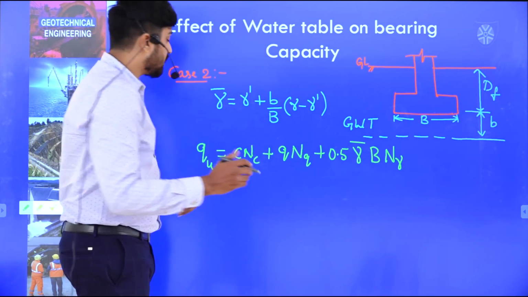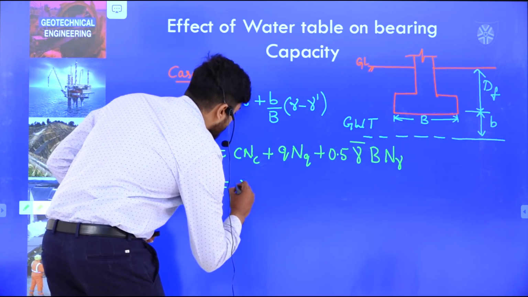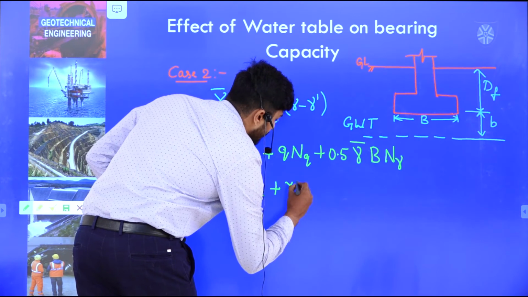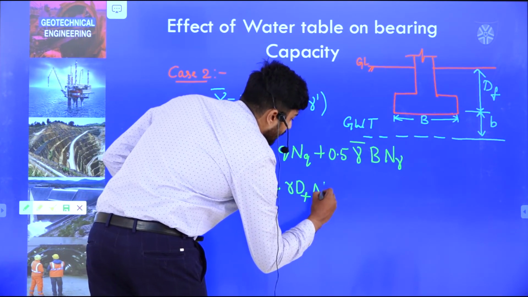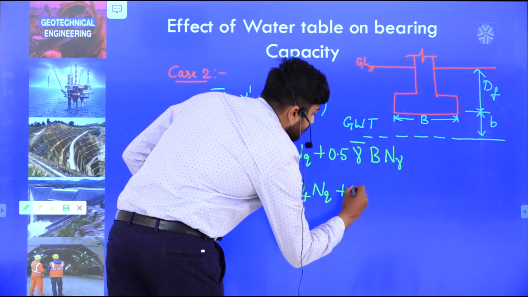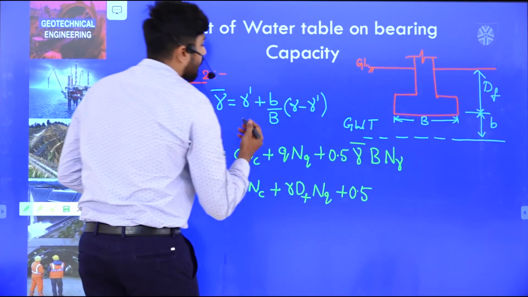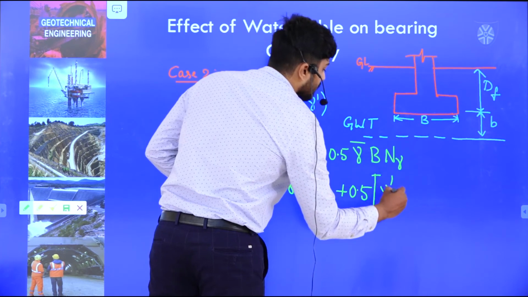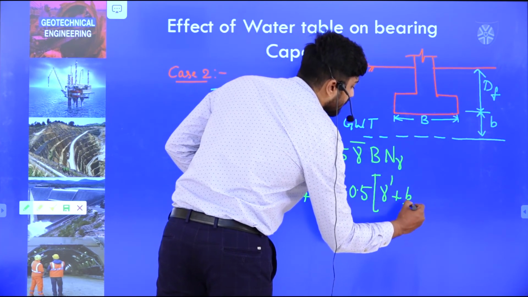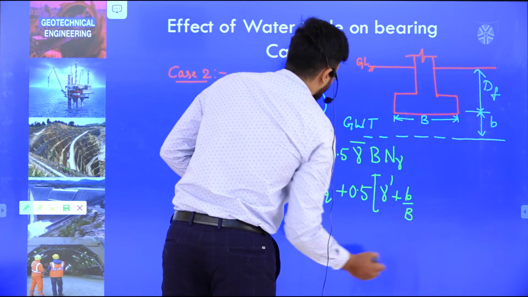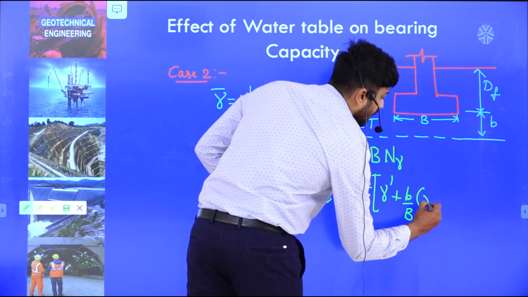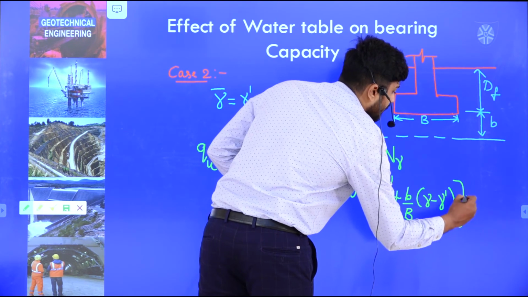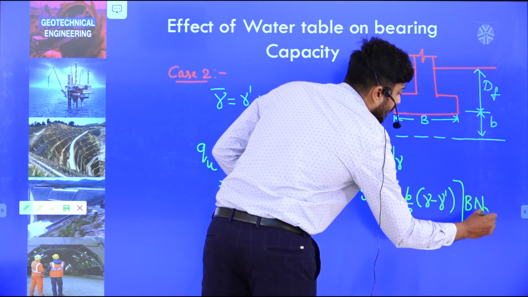So substituting the values, we can write this as c N c plus gamma Df into N q plus 0.5 times gamma bar, where gamma bar is gamma dash plus small b by capital B into (gamma minus gamma dash), into B N gamma.